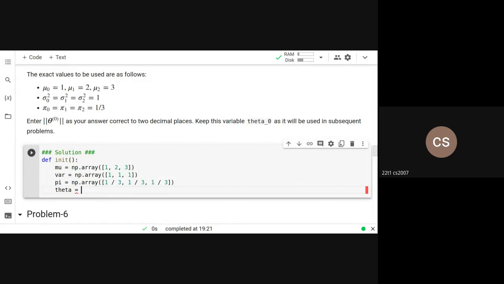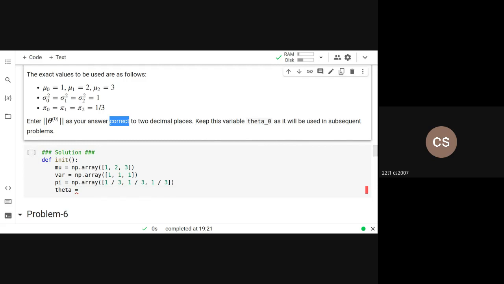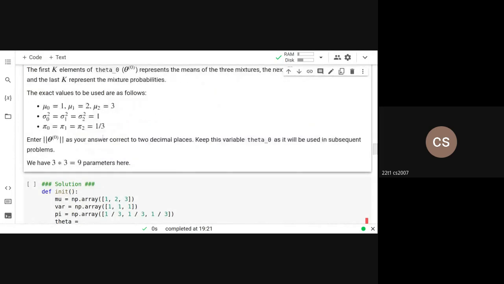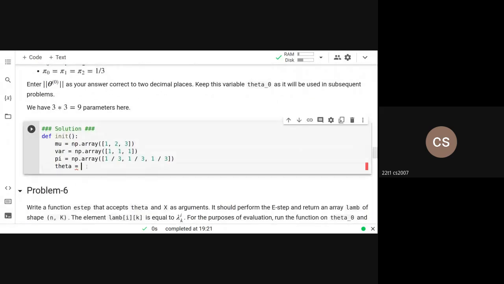Because we wanted some variable to refer to all the parameters. So 3k, k is 3 here, so 3 into 3 equal to 9 parameters. That is important to know. So theta will be a set of 9 values.